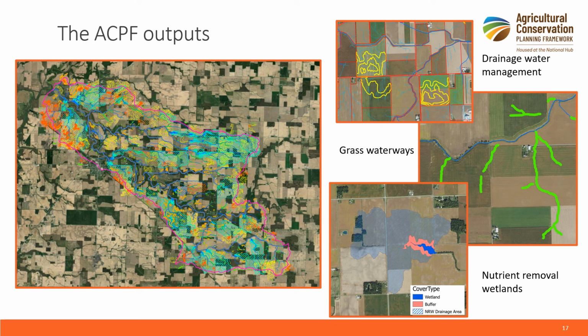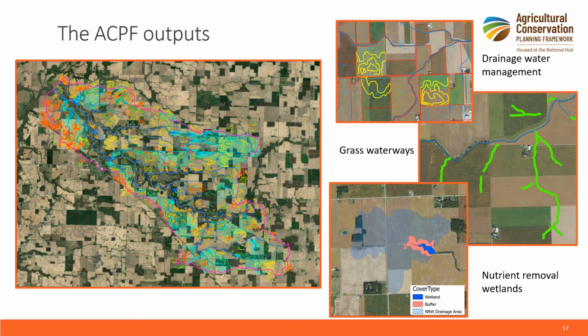Here are a few examples of what some of the outputs from an ACPF analysis look like. On the left is an overview of the entire Hook 12 watershed, displaying a bunch of the potential outputs from this analysis. As you can see, there are many different potential opportunities to address nutrient and sediment loss throughout the entire watershed based on this ACPF analysis.